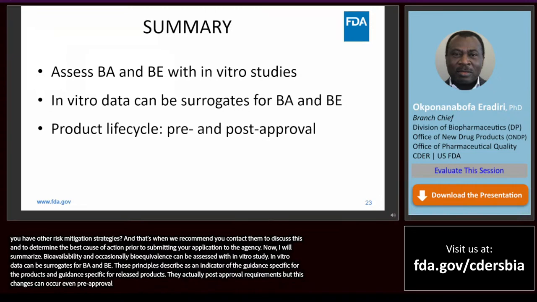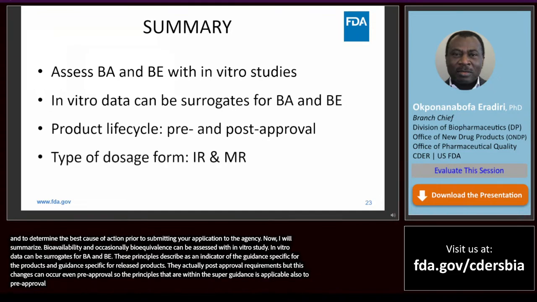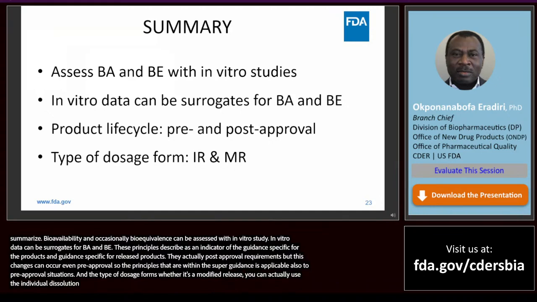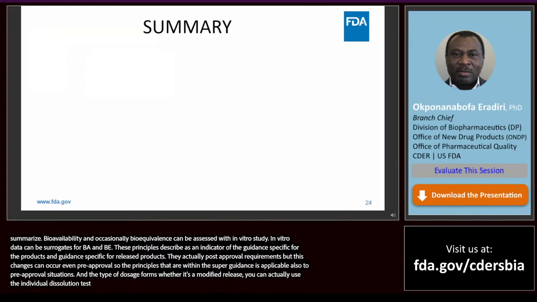And so the principles within the SUPAC guidances are applicable also to pre-approval situations. And for the type of dosage forms, whether it's immediate release or modified release, you can actually use the in vitro dissolution test to measure bioavailability.